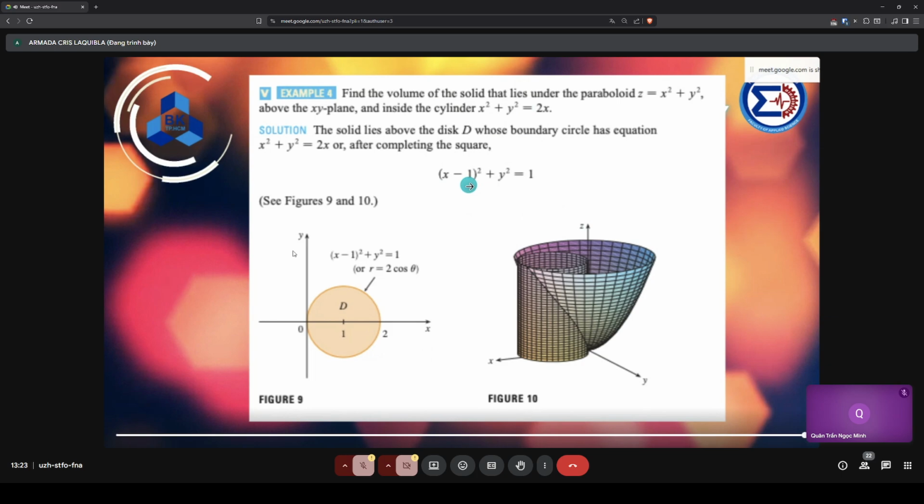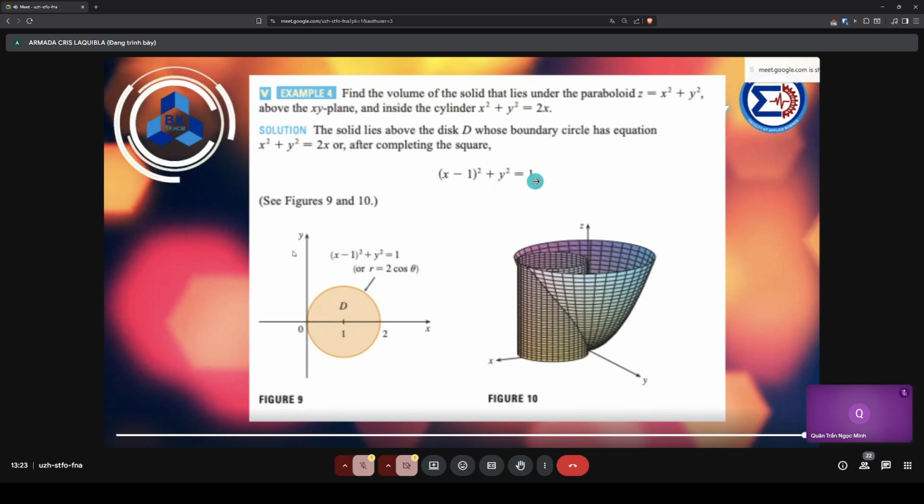But here it's not (0, 0) anymore. In this circle, h is 1 and k is 0. Again, it's y minus k squared. So (1, 0) is the center.